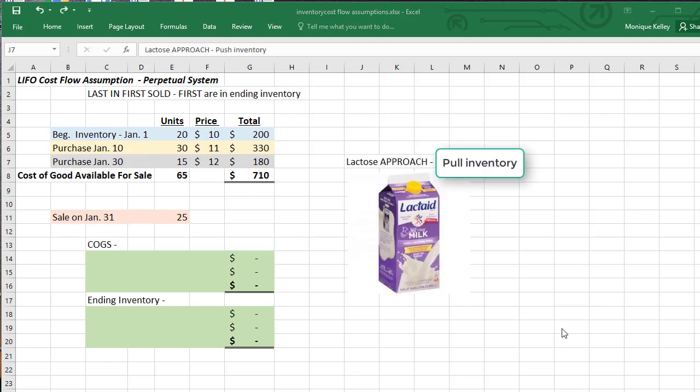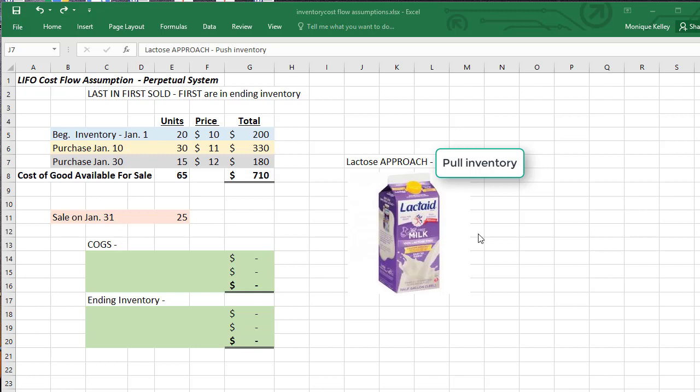Now, in my family, we don't drink a lot of milk, so milk tends to go bad before we even finish it. So one of the things that we do when we go to the grocery store, I don't know if any of you out there do this, but I get on my tippy toes and I go to the milk section and I grab a carton way in the back.